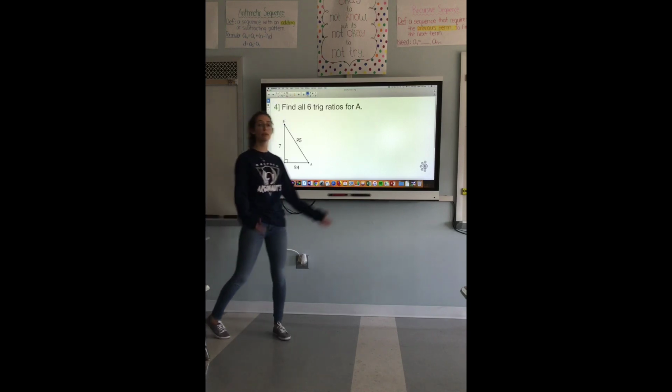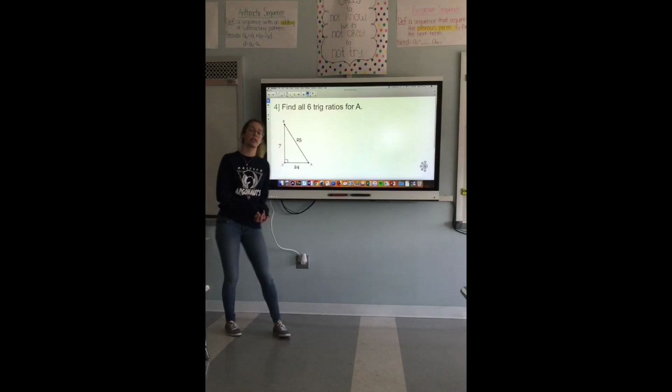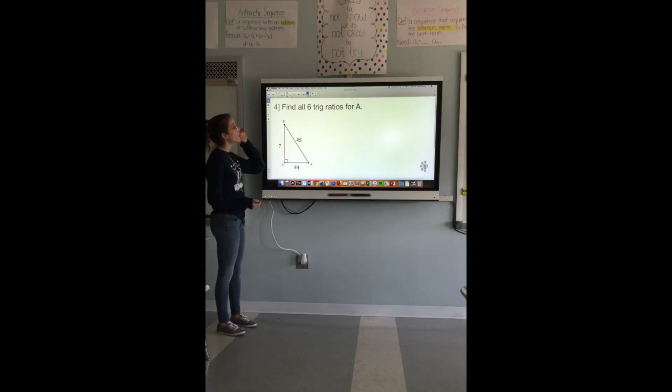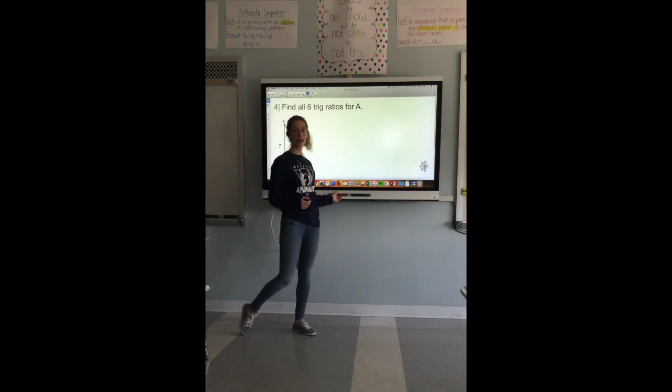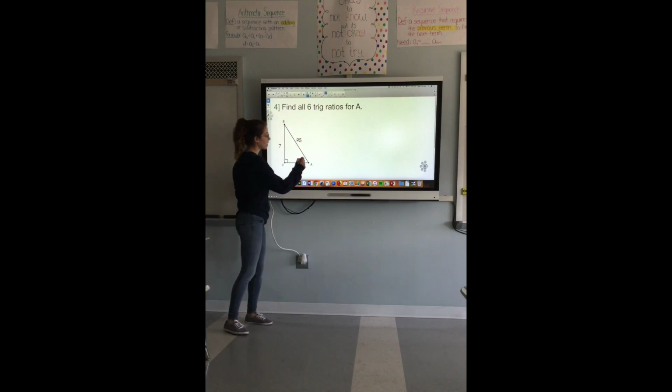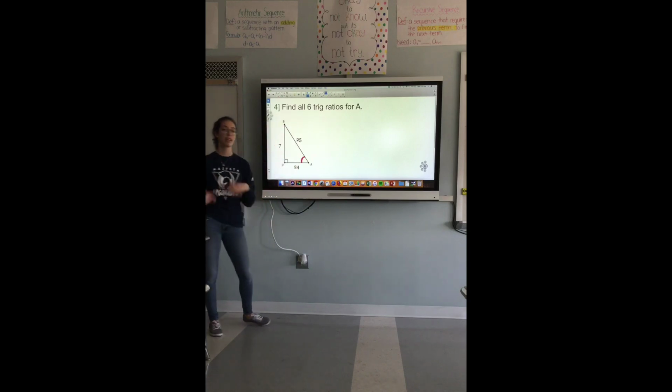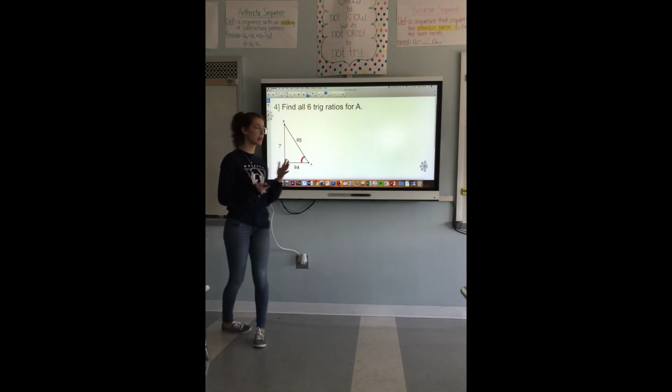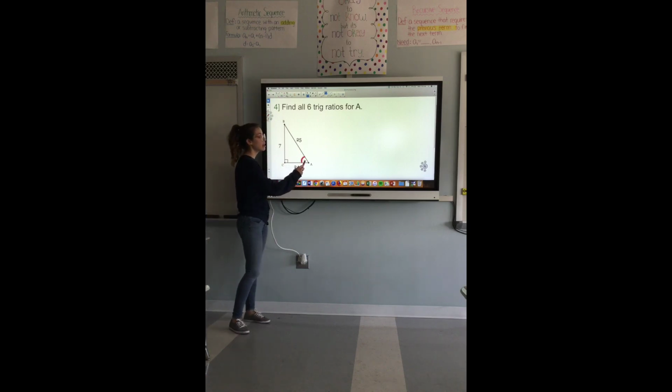All right, so the last thing we're going to do is practice the trig ratios. So this says find all 6 trig ratios for A. So we are looking at angle A, so we are looking right over here. If it helps you, you can label the sides. So if this is A, opposite of A is right here. So this is our opposite side.